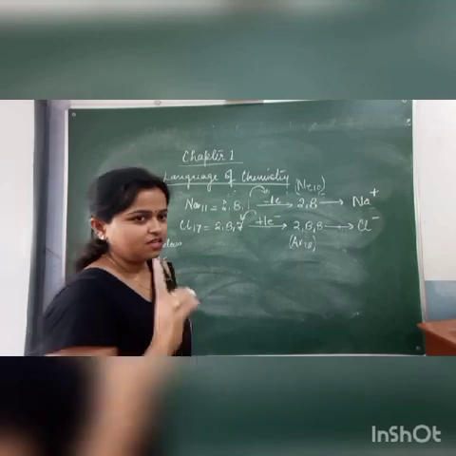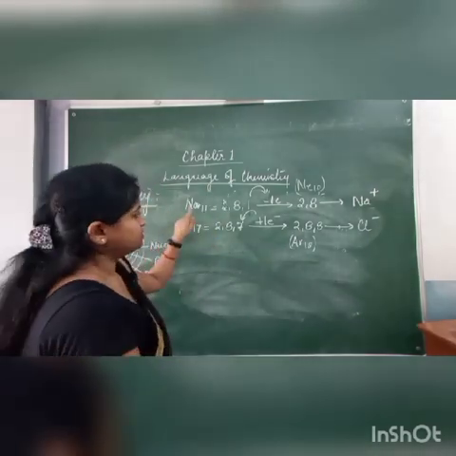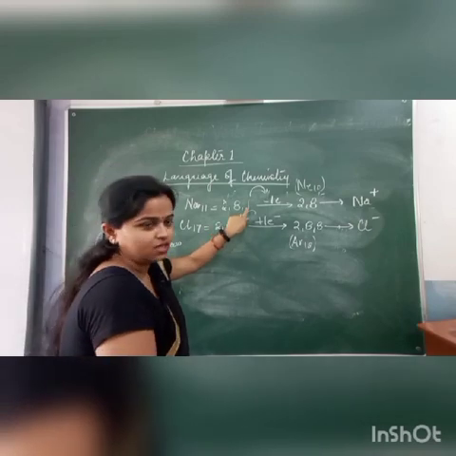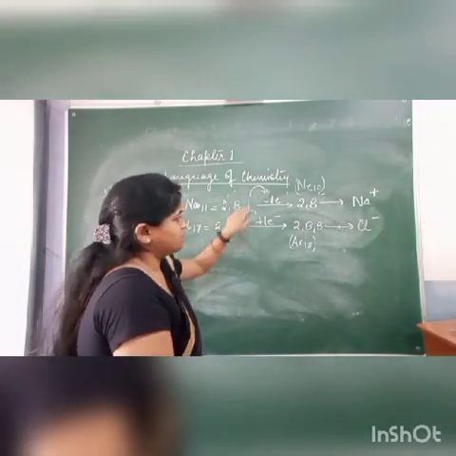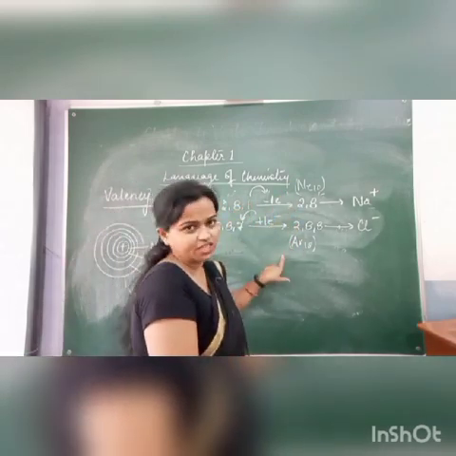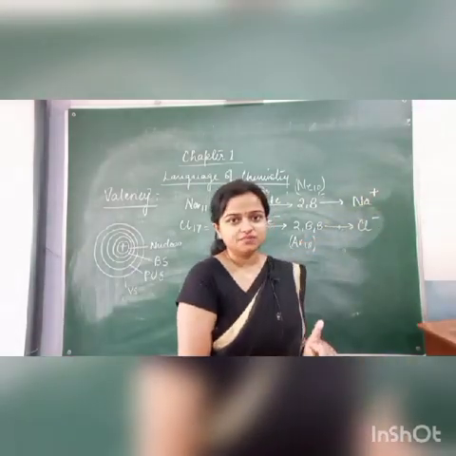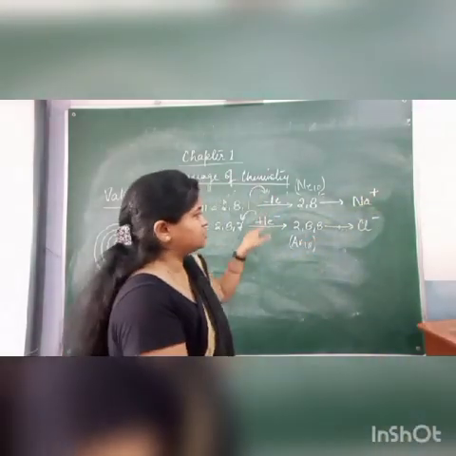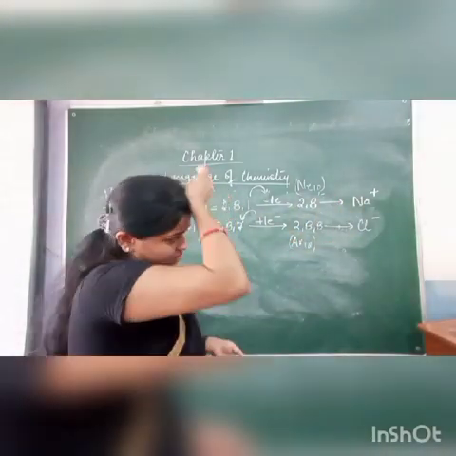Is it clear? Now again we will go through the definition. The number of electrons donated or accepted from the valence shell just to attain the nearest noble gas configuration is called valency. Understood? Now you see here one electron is donated and accepted, so the charges are +1 and -1.